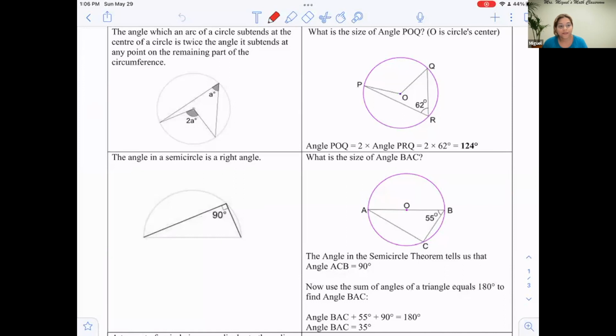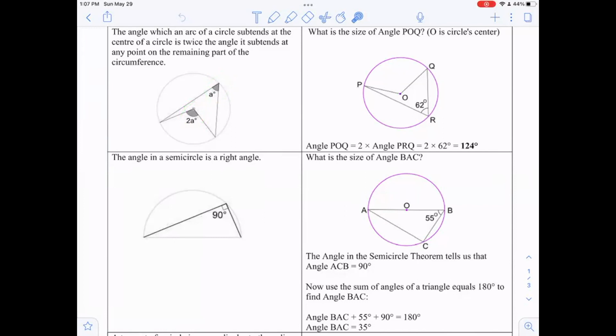So the first theorem is the angle at which an arc of a circle subtends at the center is twice the angle at the circumference. So that is the first theorem.